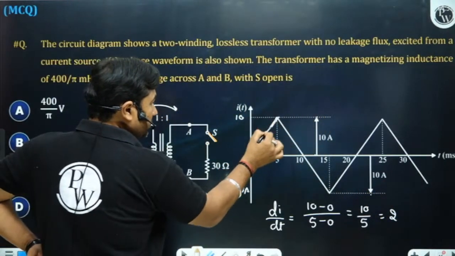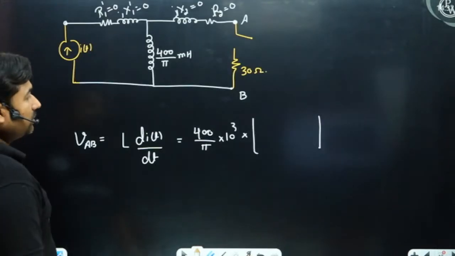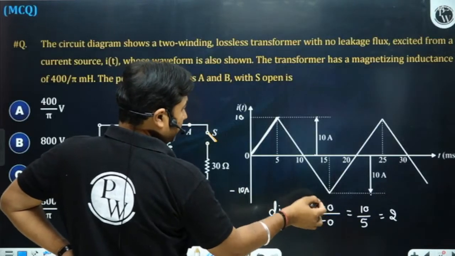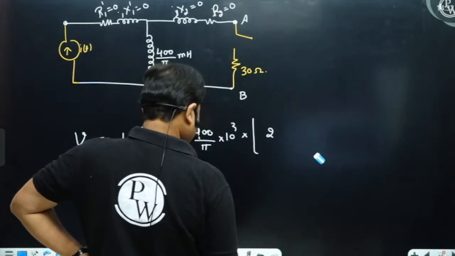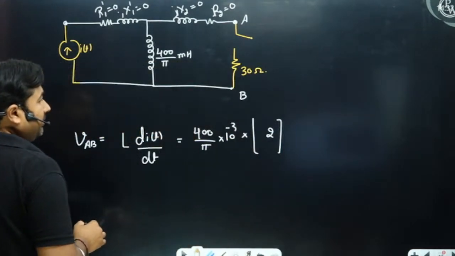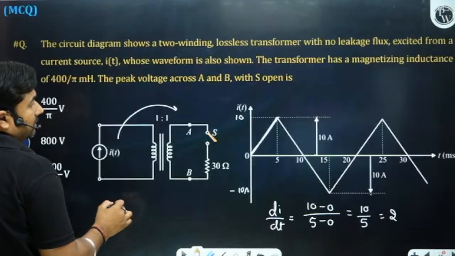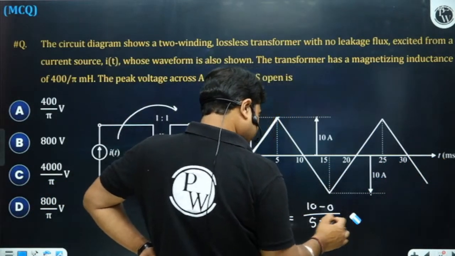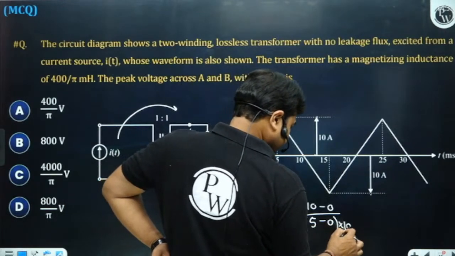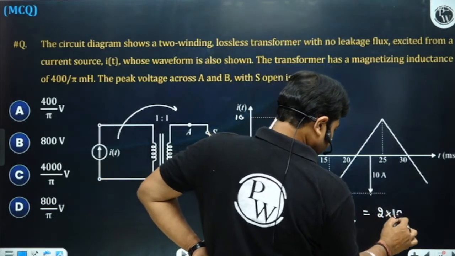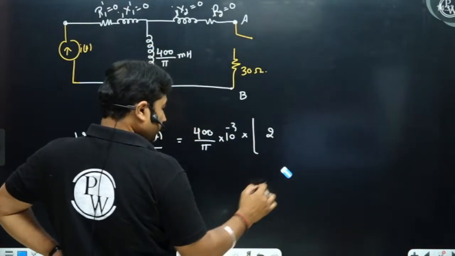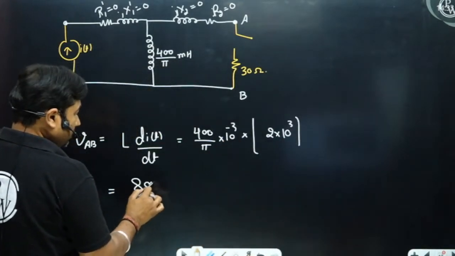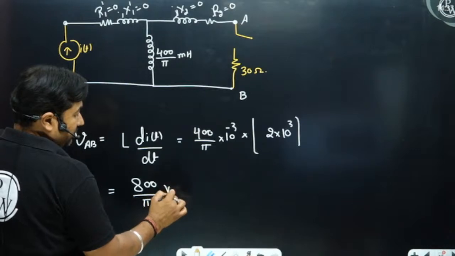y2 minus y1 upon x2 minus x1, we can find the slope. So di by dt is equal to 2, and it is in milliseconds, so 2 into 10 to the power of 3 because of milliseconds. The 3 and 3 get cancelled out, giving 800 by pi volts.